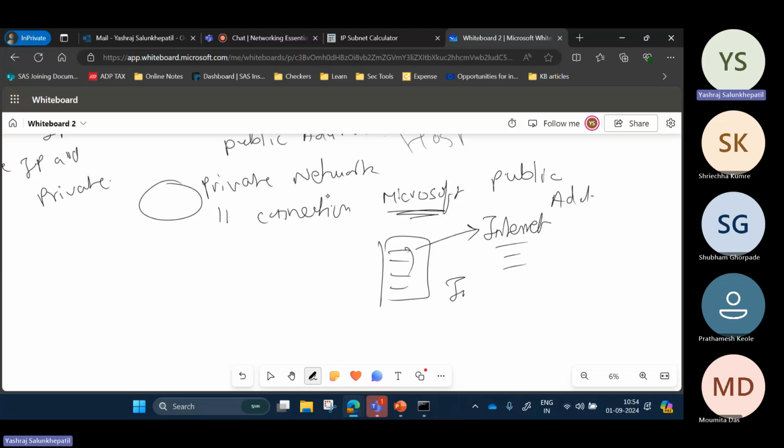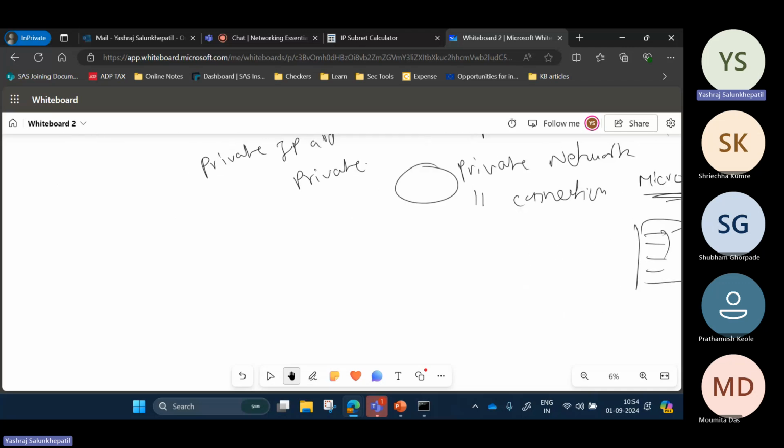In that case, my private IP will be converted to public IP. ये कन्वर्जन क्या है, कैसे है, we'll see it later, study it later. For now not of concern. सिर्फ इतना ध्यान में रखो कि इंटरनेट पे पब्लिक आईपी ही चलता है, और अगर हमें बात करनी होगी तो the private IP is converted to public IP.